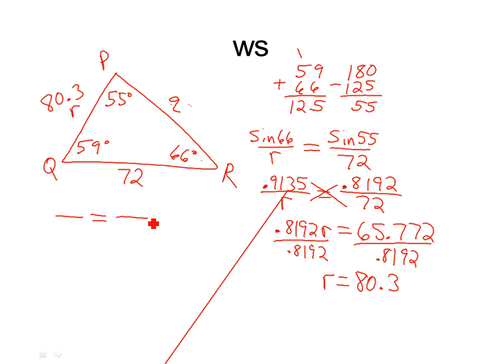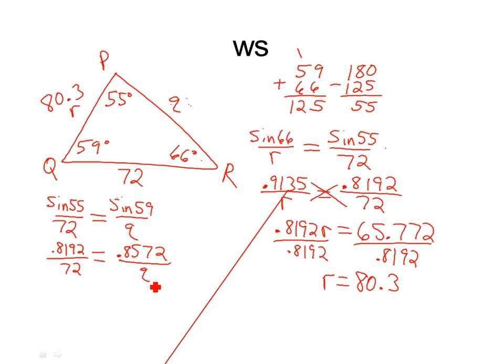Now to find little q, we just set up a proportion for it. You can use the same stuff that you used over here on this one, since you knew both parts. So you could do sine of 55 over 72. Now we're going to use sine of 59, because we're finding q this time. Well, the sine of 55 we already found was 0.8192 over 72. Sine of 59, we punch that into our calculator, and you get 0.8572 over little q.